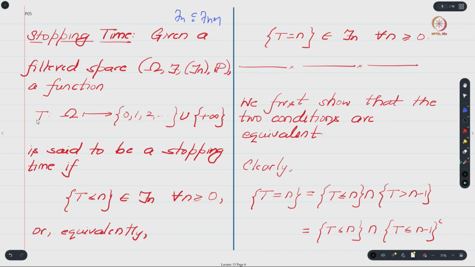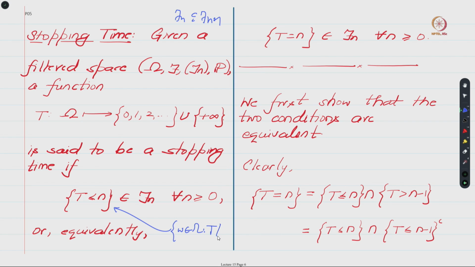So you have such a function, and we will refer to this function as a stopping time if it satisfies this condition. So let us understand this condition. T less than or equal to n is an event. Which basically means you identify all those omega in capital Omega such that T of omega is less than or equal to n.